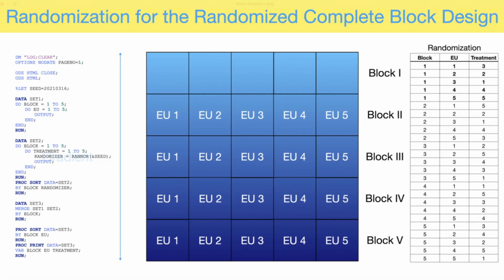Okay, so here is what this randomization would look like. You can see the treatment numbers that have been randomly assigned to the experimental units separately within each block.